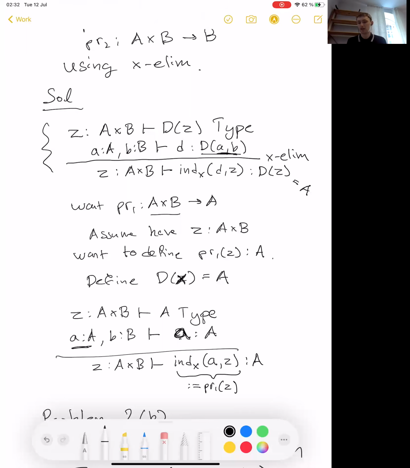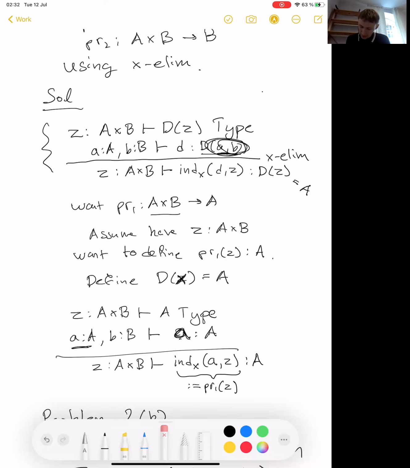Yes, precisely. What I did was I replaced z everywhere. I just forgot about z and replaced it by a comma b for some arbitrary a and b, because that's precisely what the elimination rule tells us. It tells us whenever you need to prove something for any z in A cross B, it's always enough to assume that z is equal to a comma b for some a and b.